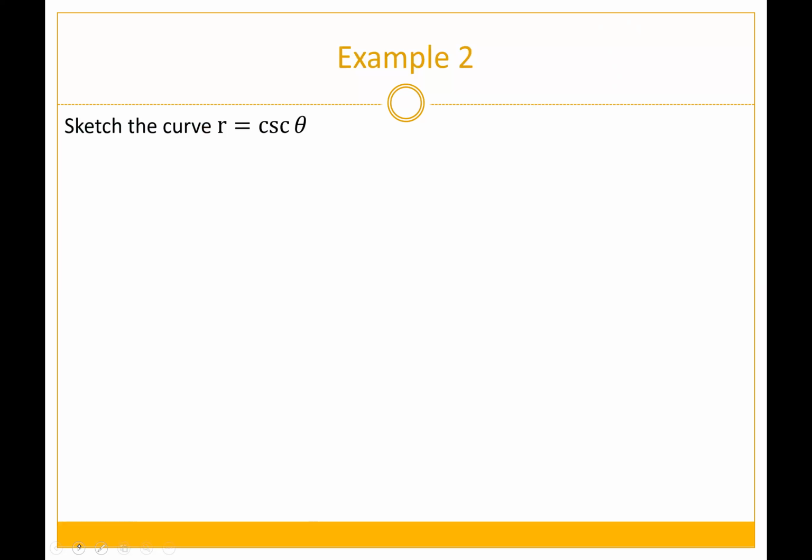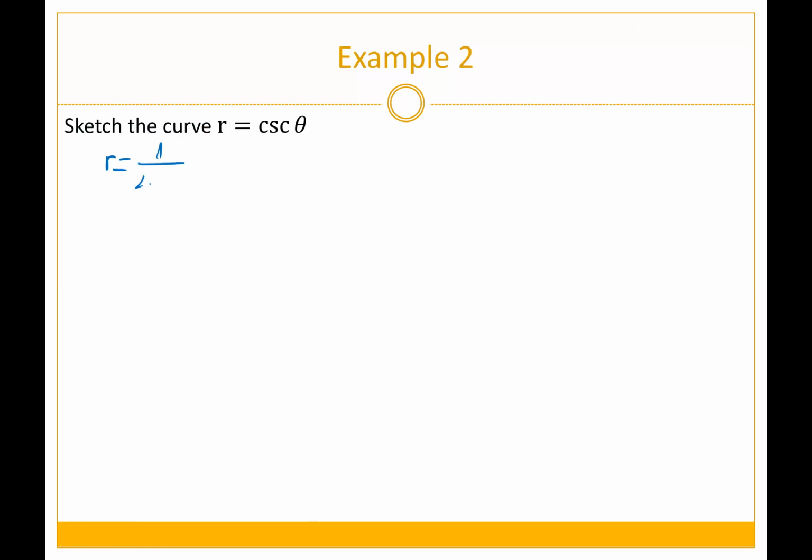That's perfectly fine because you can have more than one representation for a curve, either Cartesian or polar. One thing we also need to notice is that not every polar curve will have a Cartesian equation, but it doesn't hurt to try.